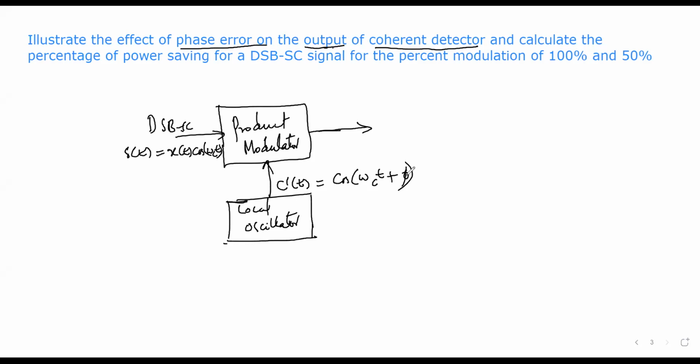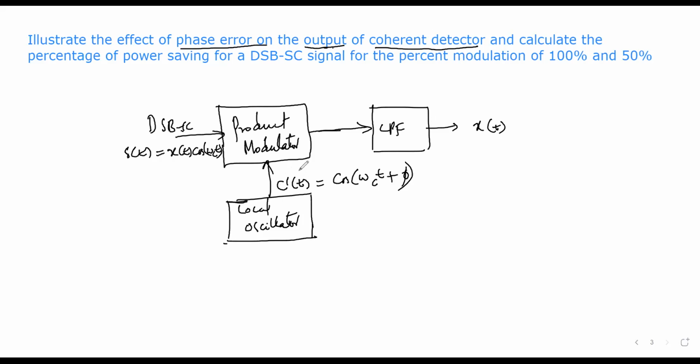If phi is equal to 0, the phase difference is 0, so the signal from the local oscillator will be in synchronization, or in coherence, with this wave. With phase error 0, the output can be reconstructed accurately. When this is passed through the low pass filter, because there is no error, we get back our exact message signal.